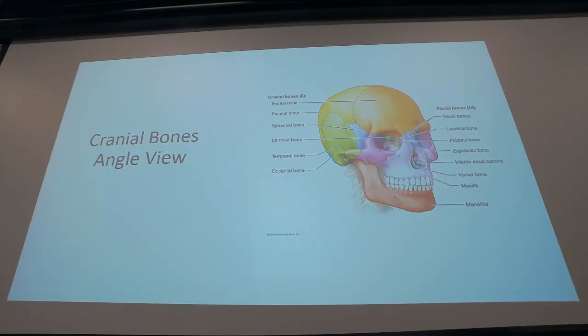The hard palate is made out of bone, and the soft palate is made out of muscle. The soft palate is very posterior in our oral cavity, and the hard palate is anterior. So it separates the nasal cavity, which is this, from the oral cavity. So it separates the nose from the mouth so that we don't choke.